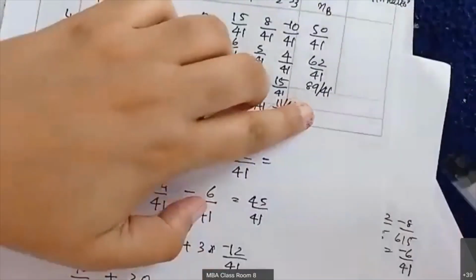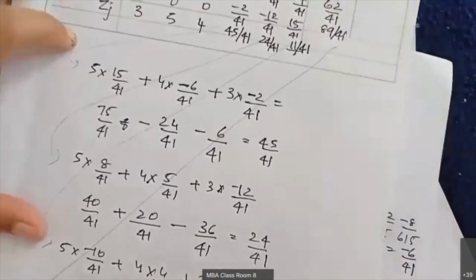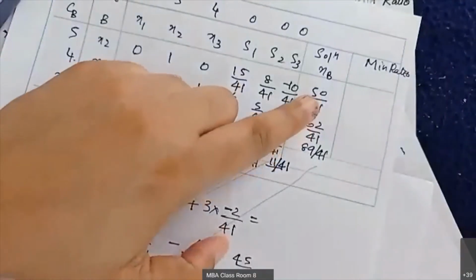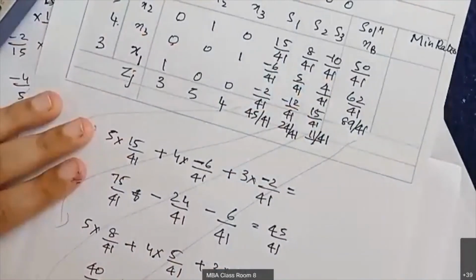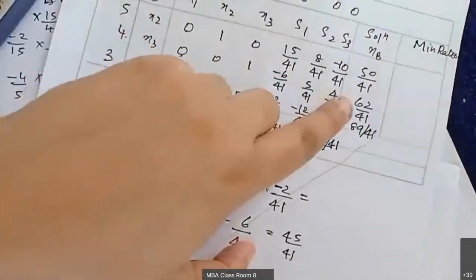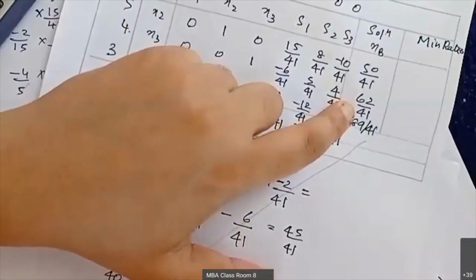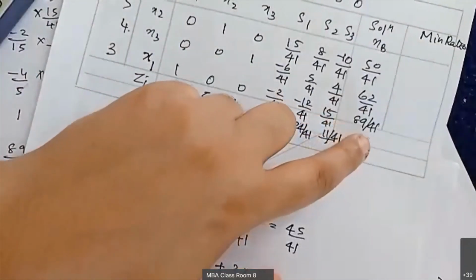Then again, for this value also, you need to find it. So that is 5 into 50 divided by 41, then 4 into 62 divided by 41, plus 3 into 89 divided by 41.